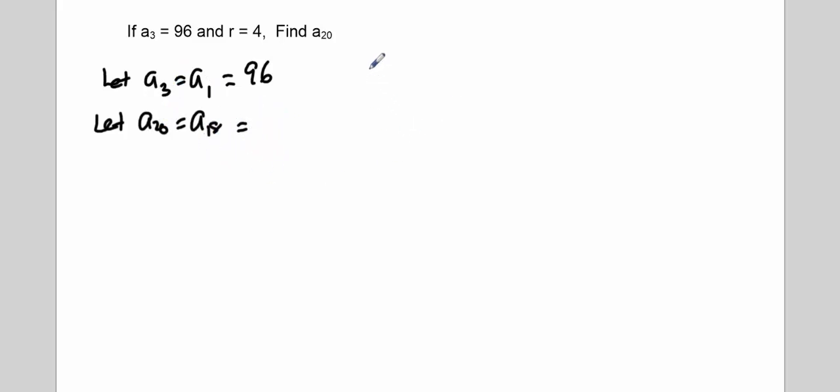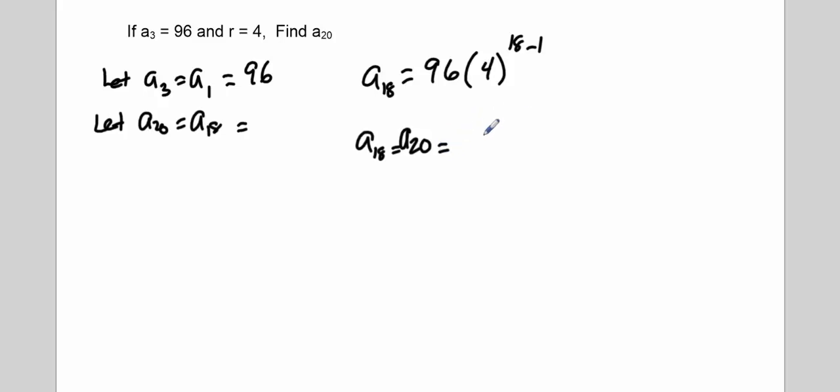So in this case, I have the 18th term is equal to the first term times the ratio, which is 4 in this case, to the 18 minus 1. The 18th term, which is really going to be the 20th term, is equal to 96 times 4 to the 17th. Pretty astronomical, but you can pop that into a calculator and get it if that's what they really want.